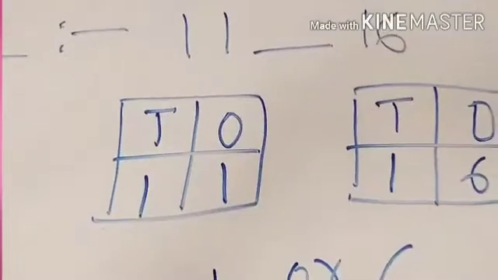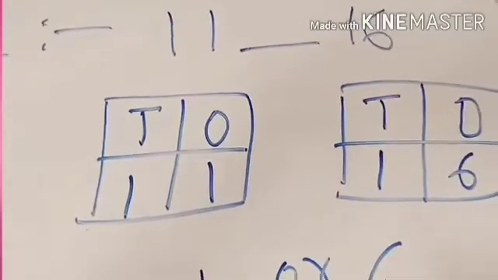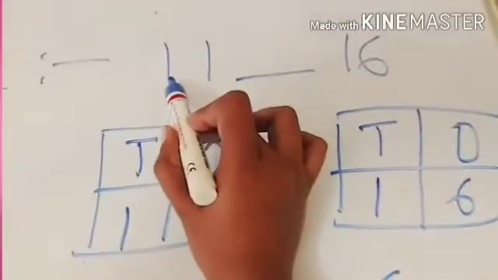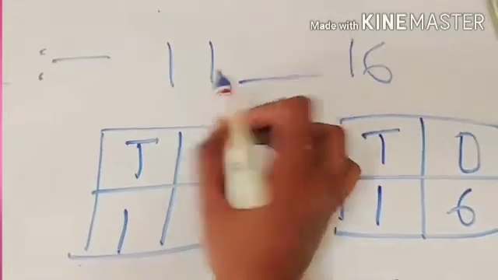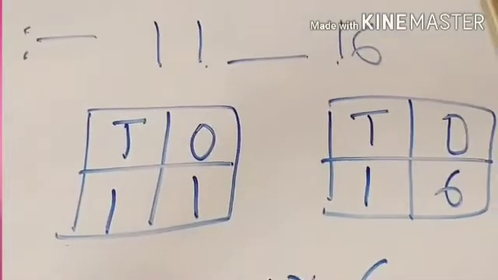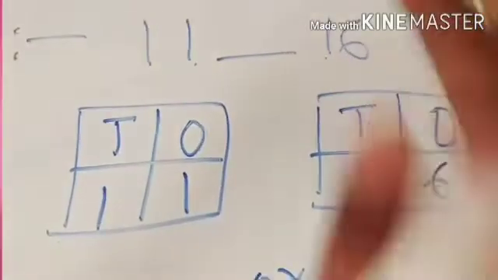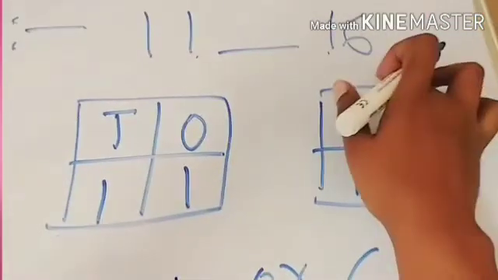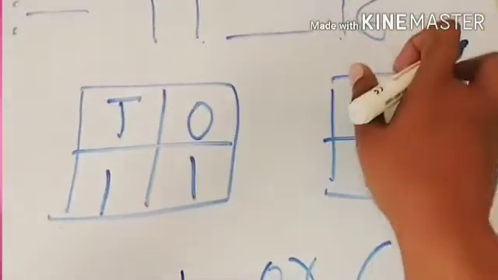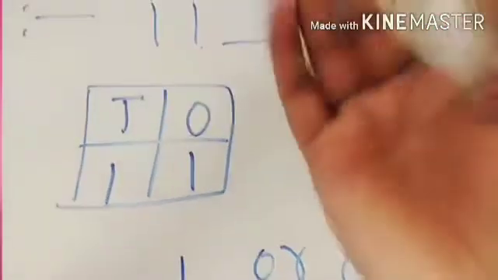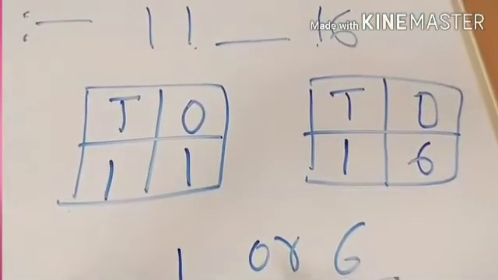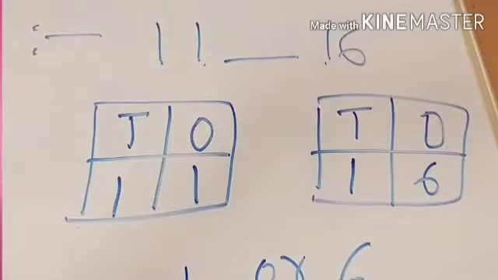Now tell me students, what are the numbers? This is 11, this is 16. You can easily tell the difference in these two numbers, which one is the bigger number and which one is the smaller number.